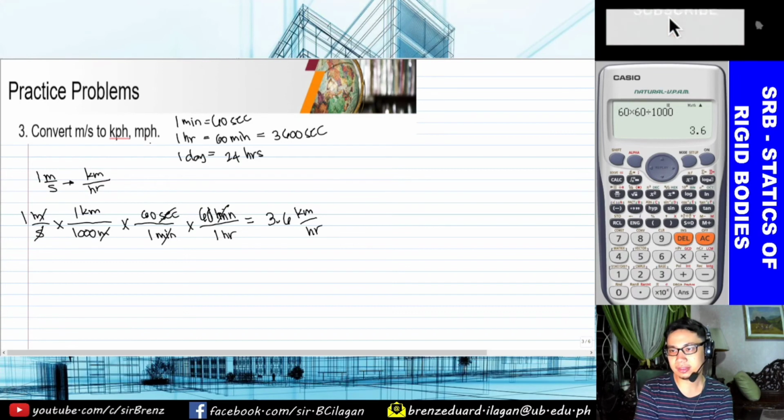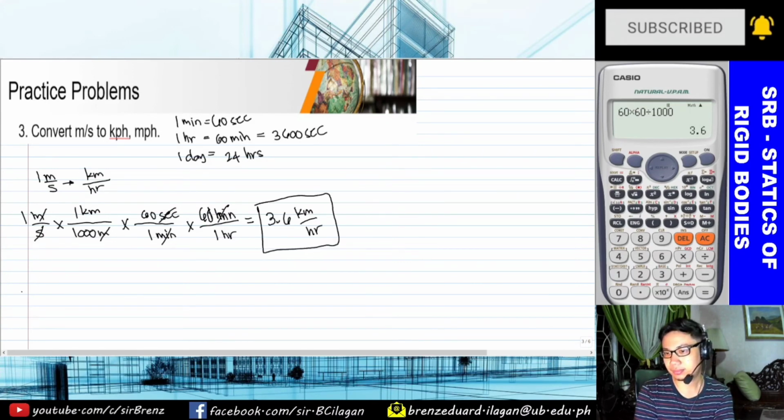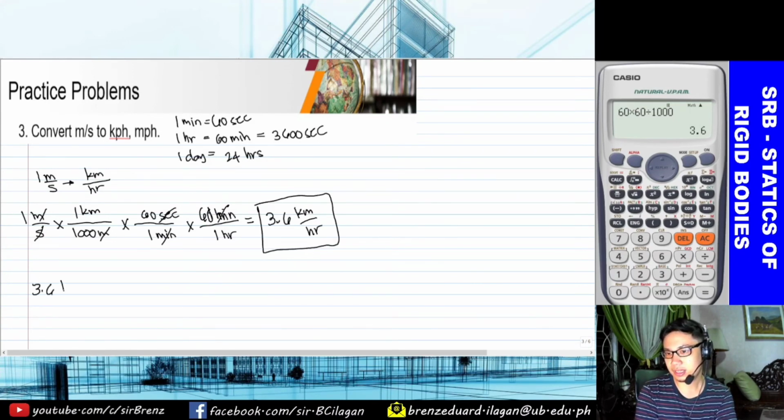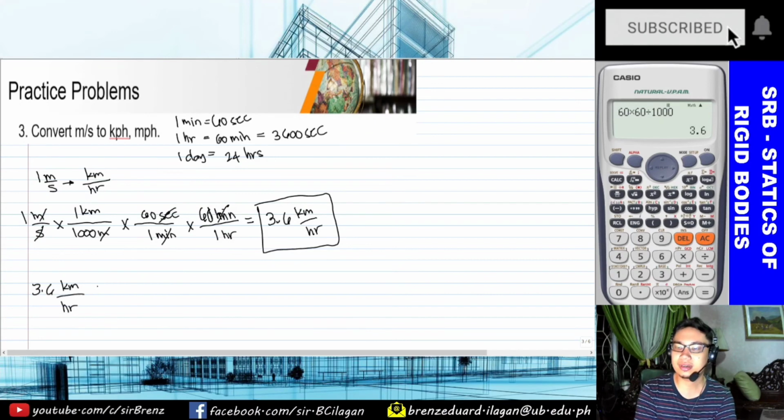Meter per second to miles per hour. Pero ang gawin na lang natin, ituloy na lang natin to. So, 3.6 kilometers per hour. So, dadali natin siya to miles per hour. So, ganun lang din naman yun. Yung ibabaw lang naman papalitan natin.